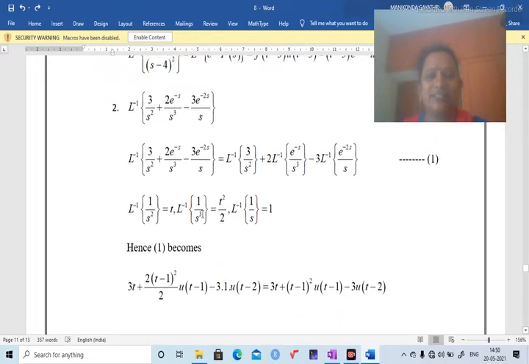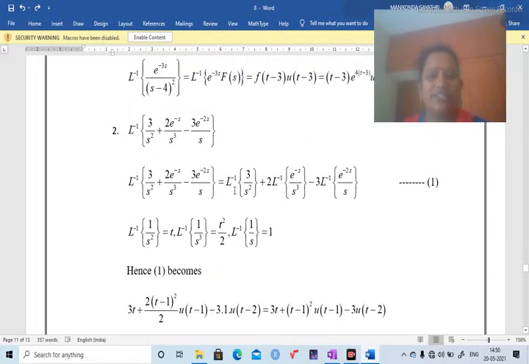Hence, equation 1 becomes 3 outside, L inverse of 1 by s square is t only, plus 2 into this 2. Here a equals 1, that's why t minus 1 whole square divided by 2, u of t minus 1. Minus 3 as it is.